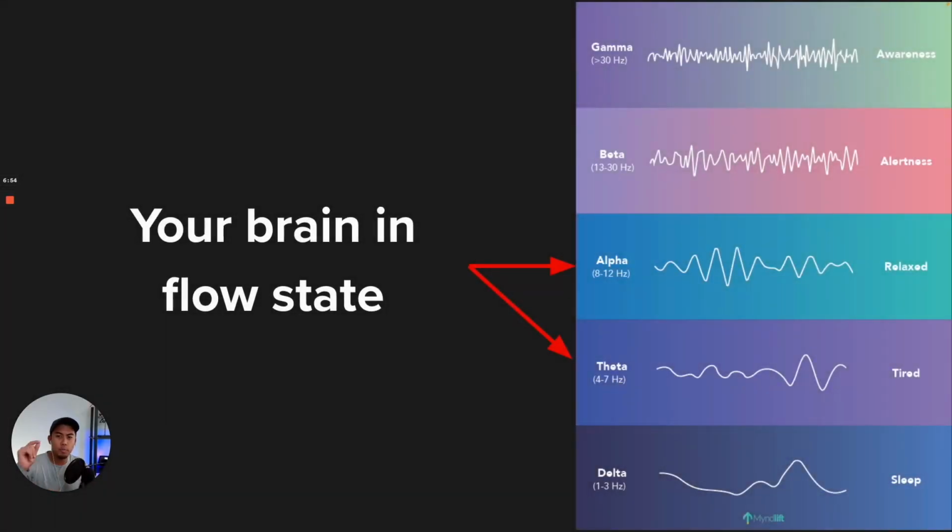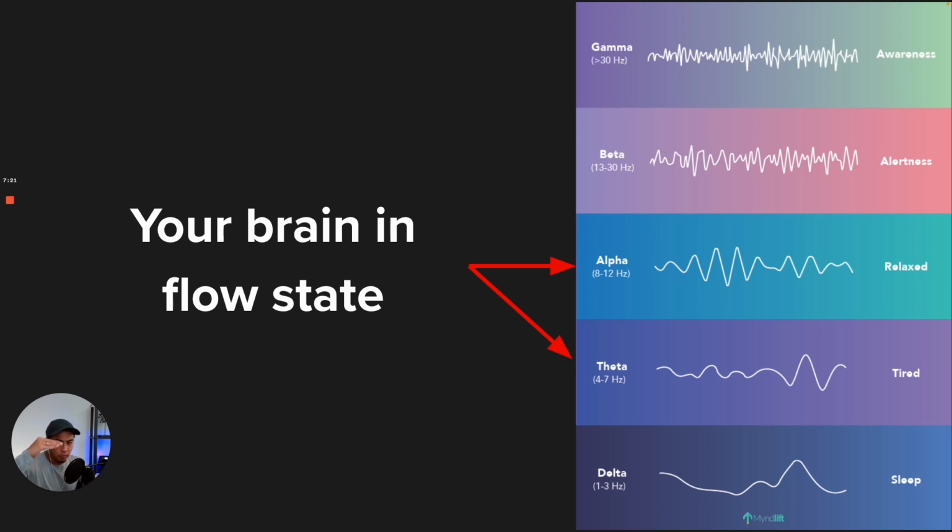Okay, so your brain in flow state is actually between alpha and theta. It's when you're relaxed and tired, but it's not so much being tired, it's more so slowing down your brainwave state. When you're super alert, you're on the go, go, go, it's chaotic. In flow it oscillates a lot slower.